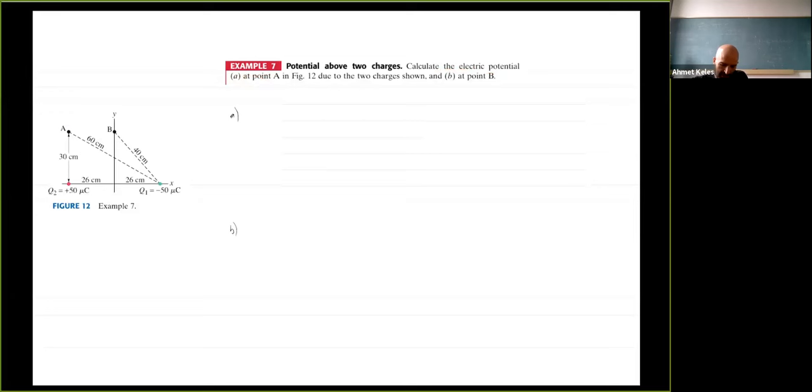Maybe I can do A and you can do B. So V at A is equal to 1 over 4 pi epsilon naught Q1 divided by, let's call this R1, plus 1 over 4 pi epsilon naught Q2 divided by R2.